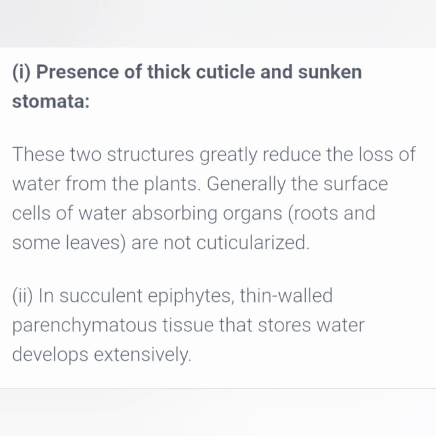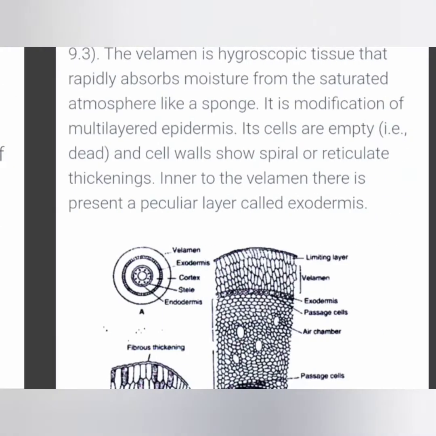And in succulent epiphytes, thin-walled parenchymatous tissue that stores water develops extensively. So in the case of these succulent epiphytes, parenchymatous tissue can be seen, which helps in excessive storage of water.